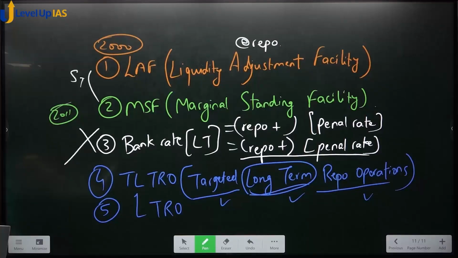So which of the 4 are for daily mismatches? What do you think? LAF. The LAF window is for daily mismatches.